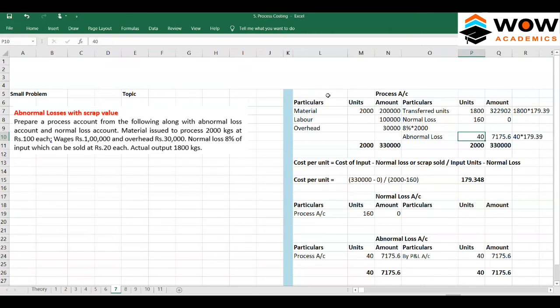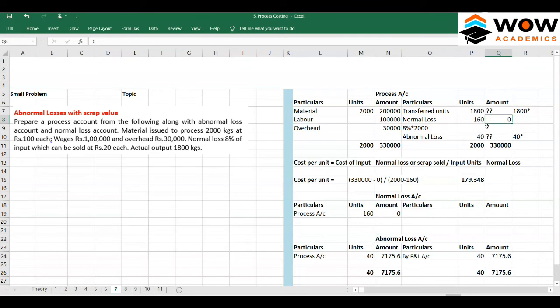So now we have to value these elements. We know that it is 1800, but we don't know the cost per unit. That we have to work out. When we work it out, it's going to be 3,30,000 minus the scrap sold on normal loss. In the last problem, we never had this scrap value, it was 0.